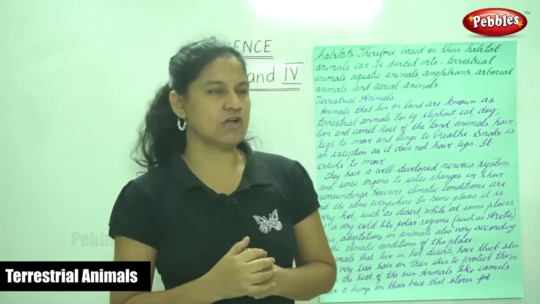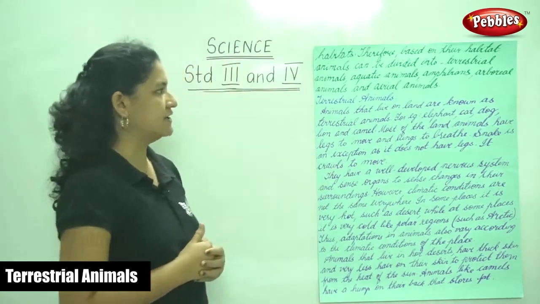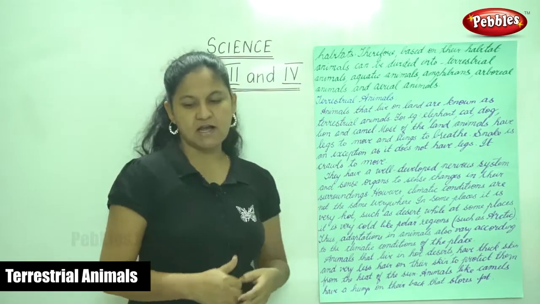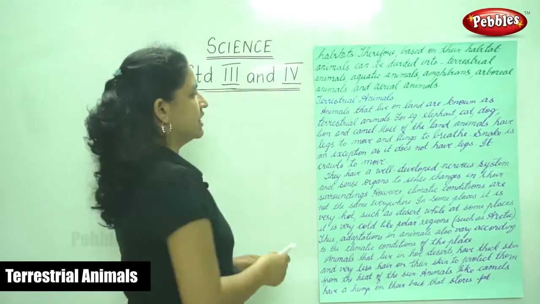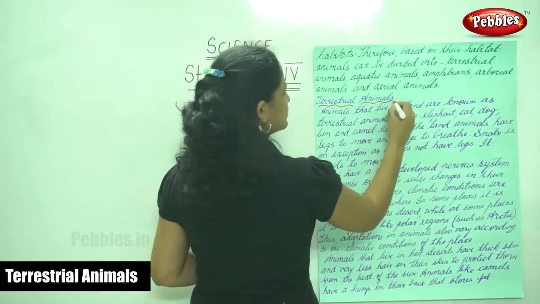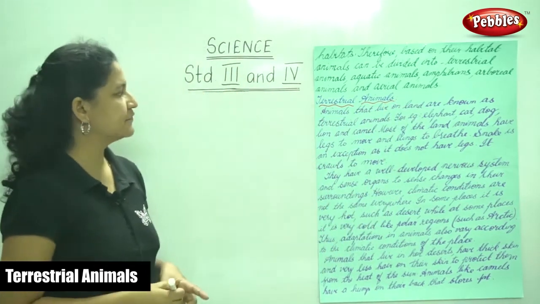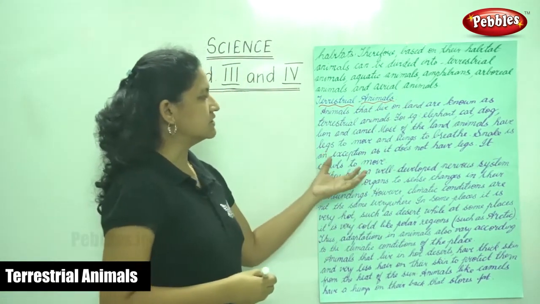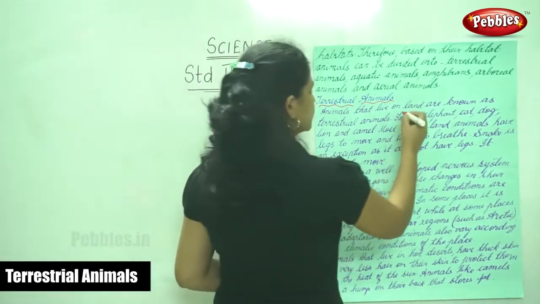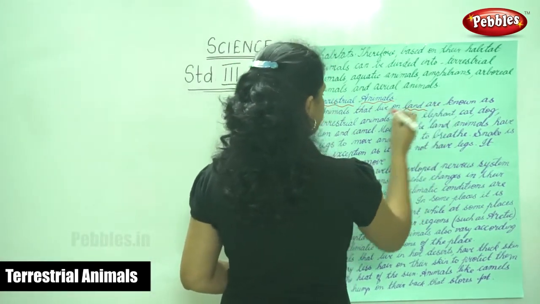So next we were talking about the types of animals and their habitats. Today we will be seeing about the terrestrial animals. And what do you mean by terrestrial animals? Animals that live on land are known as terrestrial animals.